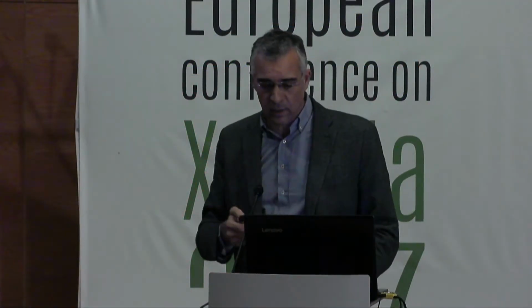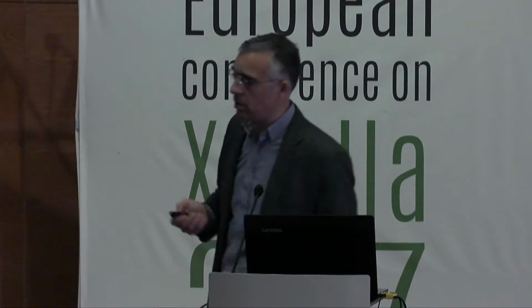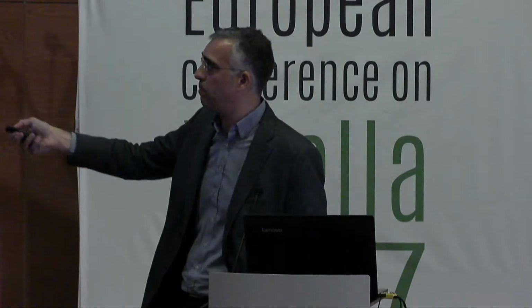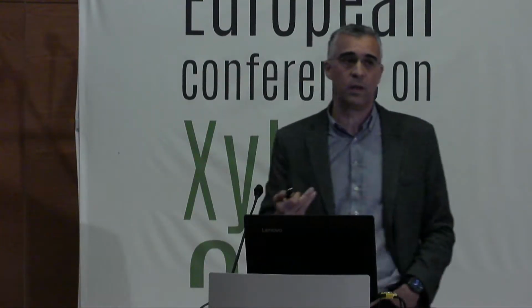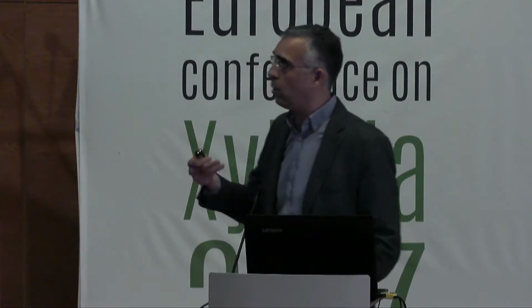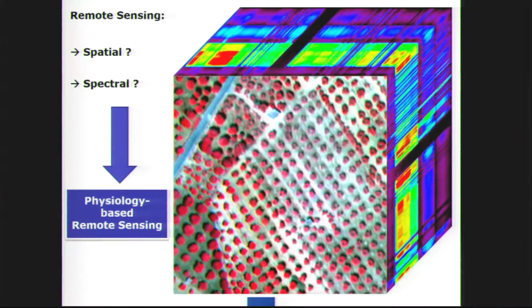So by doing these hyperspectral or imaging spectroscopy approaches, we are now facing what is called physiology-based remote sensing, because by obtaining more information in the electromagnetic spectrum, we can try to assess the physiology of the vegetation.